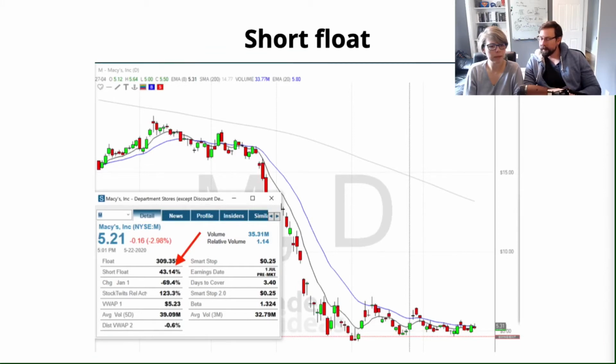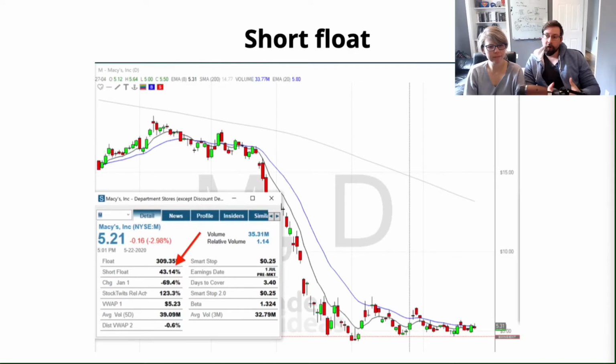We've talked about short selling around the house a bunch. Well, a lot of people have a hard time with it. We talked about how the procedure of shorting is you go to your broker, you borrow the shares, and you sell them on the market.